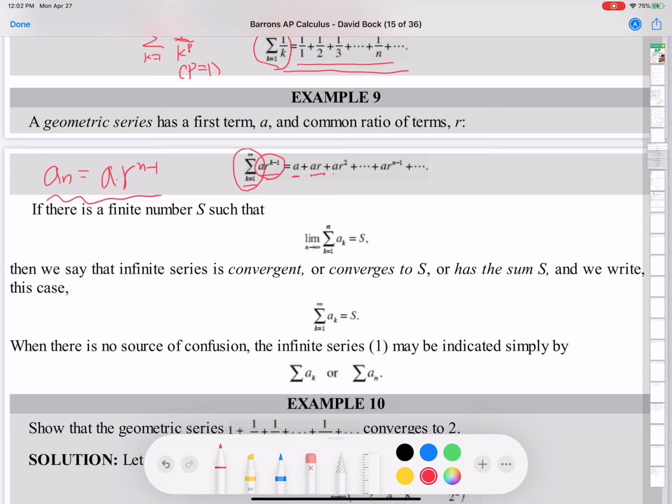And then for the geometric sequence a times r to the n minus 1 power, what is the limit as n approaches infinity? The infinite geometric sequence can converge only when r is greater than negative 1 and less than or equal to 1.